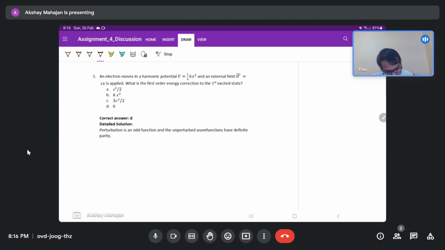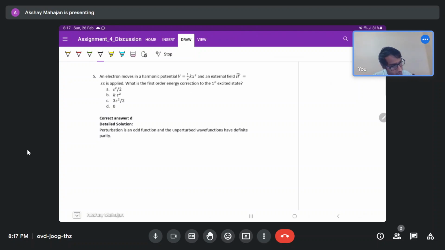Then, an electron moves in a harmonic potential V equals half k x square, and an external field epsilon x is applied. What is the first order energy correction to the first excited state? Here you can use a symmetry argument.